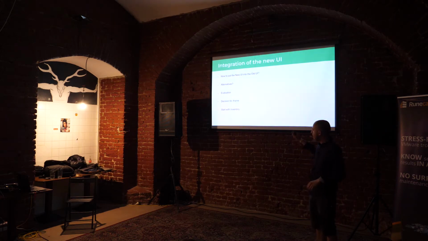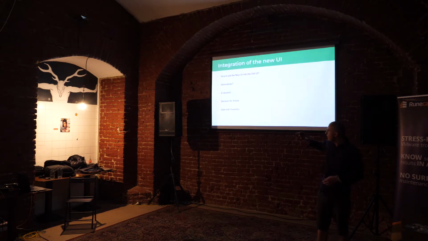We only want a data flow from the old UI to the new, because when you have this legacy app, you don't want the new to talk to the old. When the new talks to the old, there are all these problems, and you can't really control what happens, right?